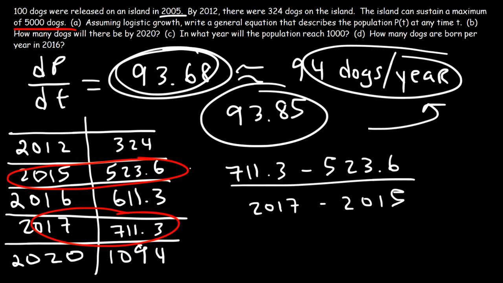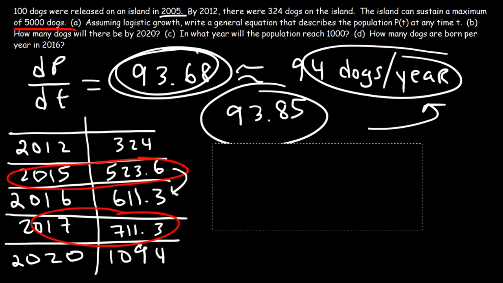Between 2015 and 2016, going from 523.6 to 611.3, if you subtract those two numbers, in that year, the population increased by 87.7.